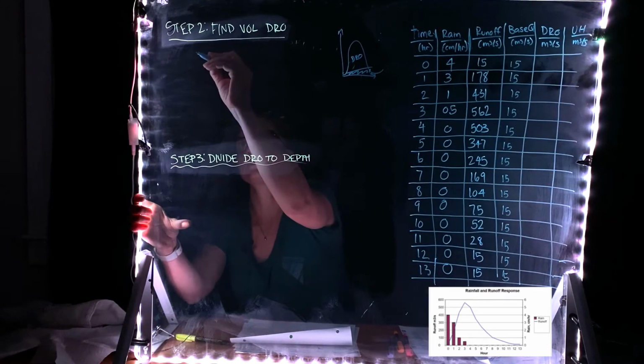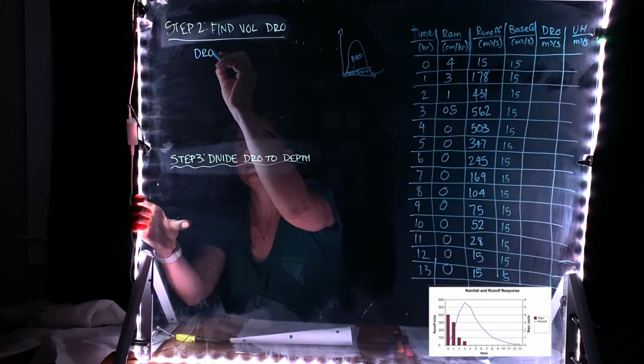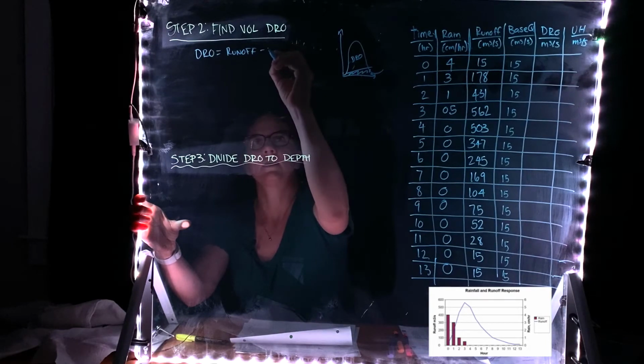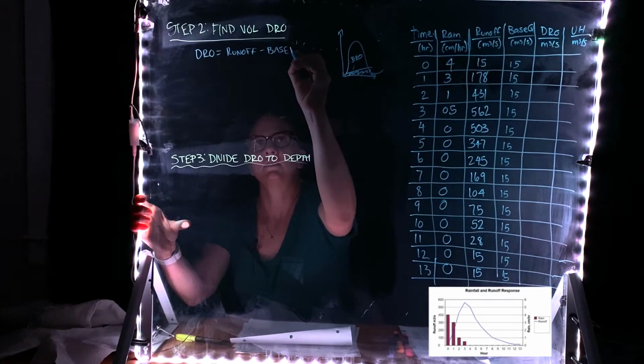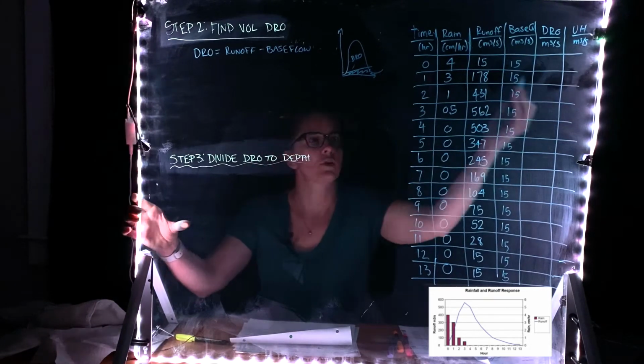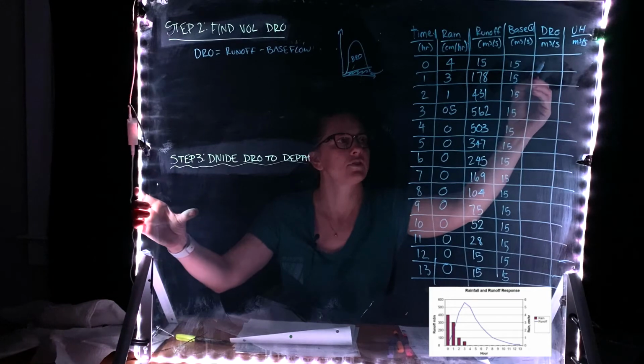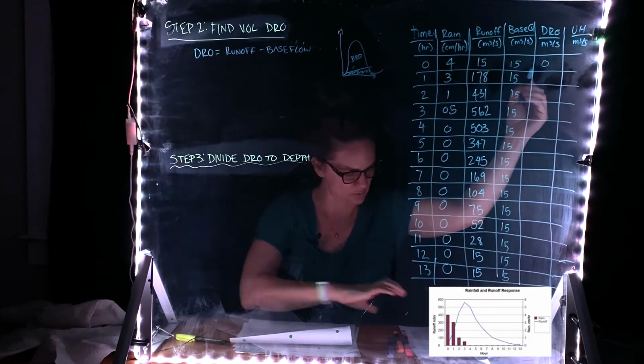So in this case, I'm just going to take my runoff and subtract 15 for all of the rows.